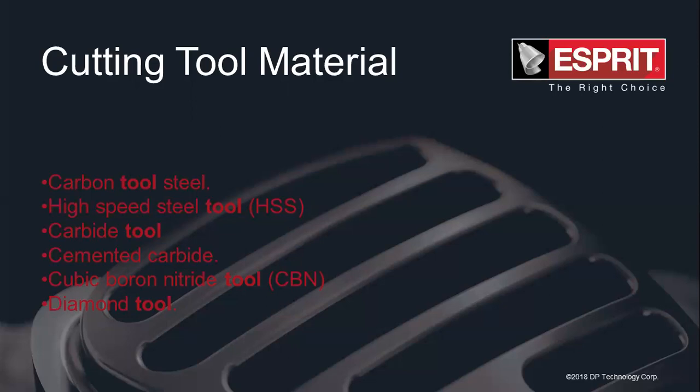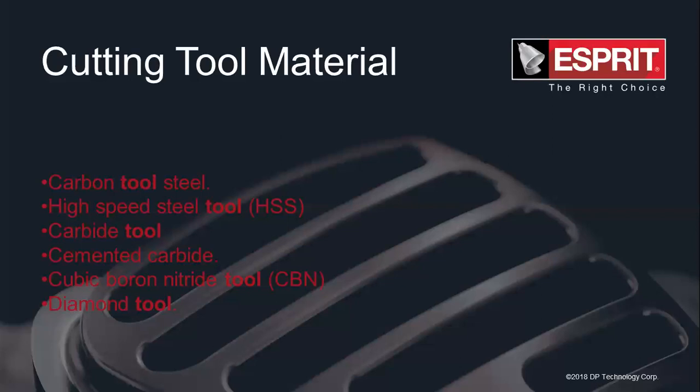Number one, various cutting tools materials are there: carbon tool steel, high speed steel, carbide tools, cemented carbides, cubic boron nitride, diamond tools. These all are the various cutting tool materials. लेकिन कौन से ऑपरेशंस में कौन सा टूल यूज करना है वो हमें पता होना चाहिए. Number one, carbon tool steels.